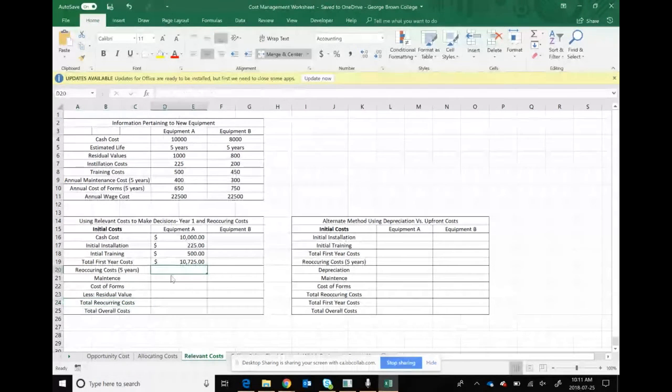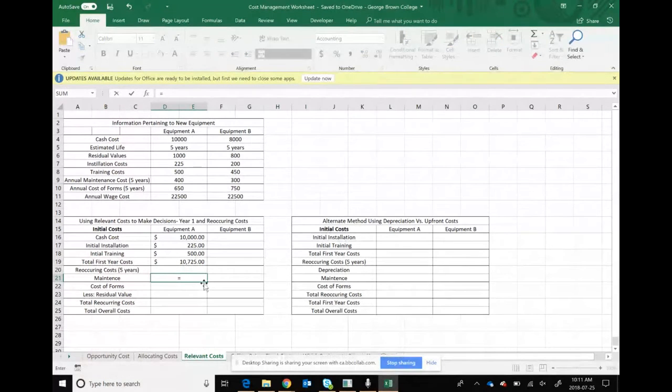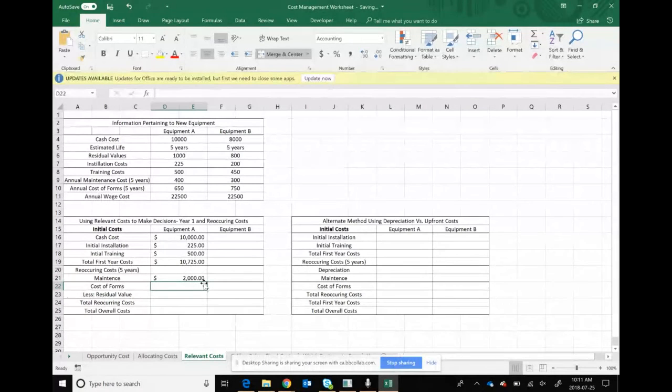Our maintenance cost is $400 per year for 5 years, which is $2,000 over 5 years. Our cost of forms is $650 a year times 5 years, and we get $3,250.